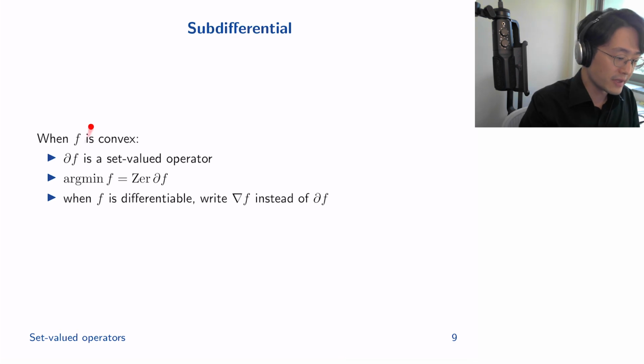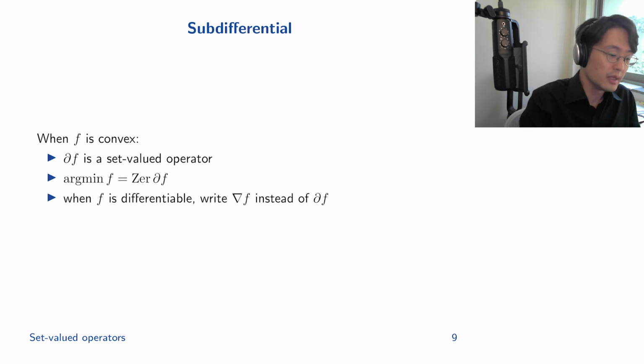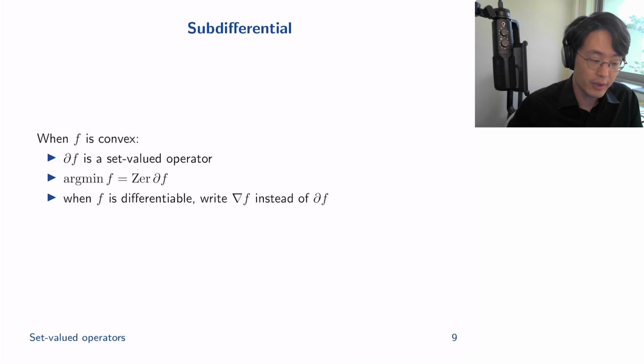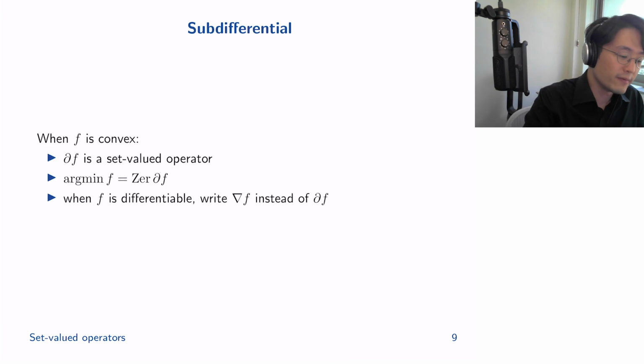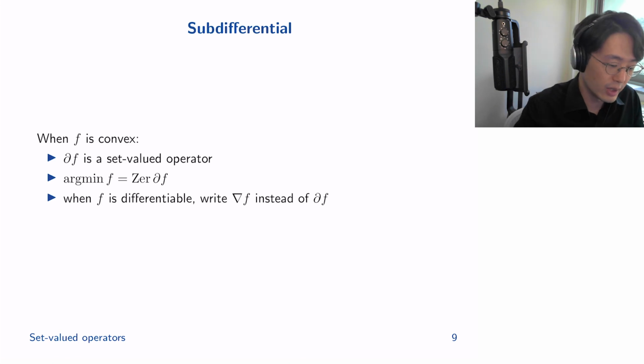When a function f is convex, we define the subdifferential, and the subdifferential is a set-valued operator. We provide as input a point x to the subdifferential, and then we get a set of subgradients. Given a function f, the set of minimizers of f is equal to the zero set of the subdifferential operator. When the convex function f is differentiable, and we know that a priori or we assume that, then we will use the gradient operator instead of the subdifferential operator.